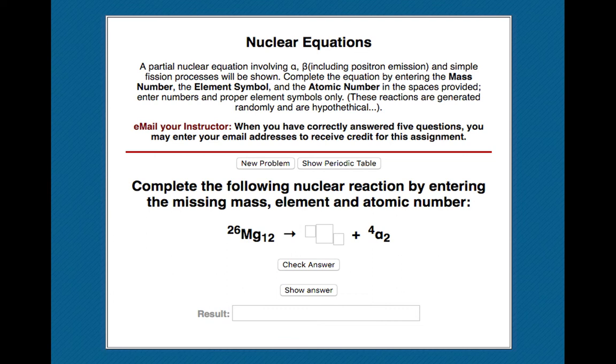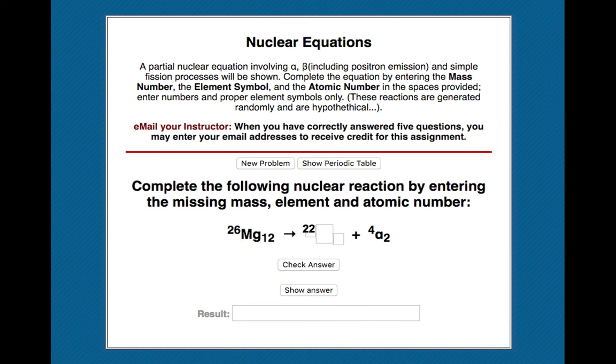In this particular thing, we are losing an alpha particle. Now, instead of using He here, I used the Greek symbol alpha. Again, they're interchangeable. He is a little clearer because you look at that and say helium, no electrons, 2 and 2. Okay, but this is alpha. So we're starting at 26, we're losing 4. Our mass number is 22.